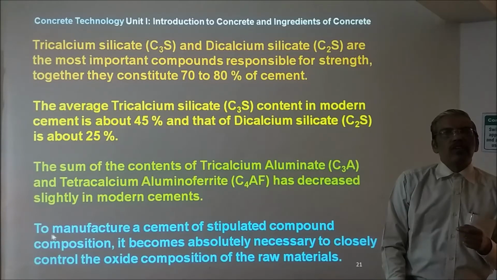modern cements. To manufacture a cement of stipulated compound composition, it becomes absolutely necessary to closely control the oxide composition of the raw materials.